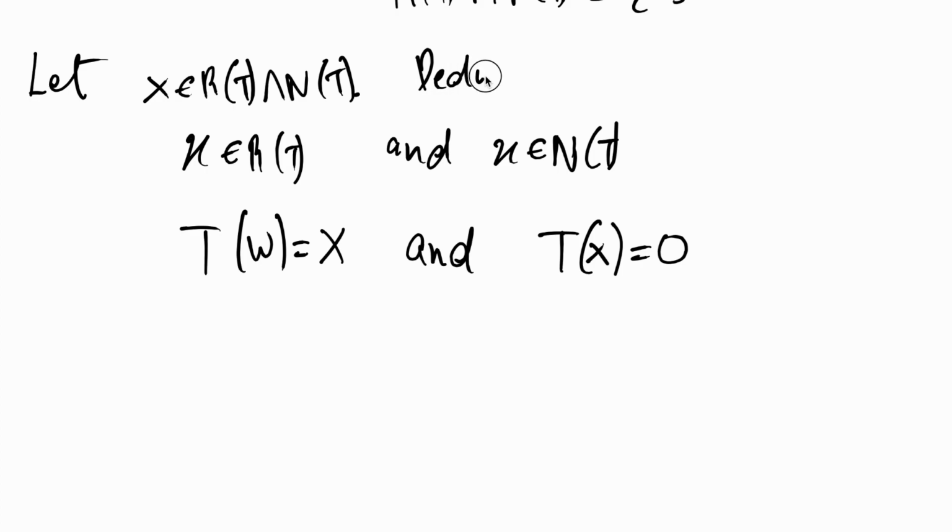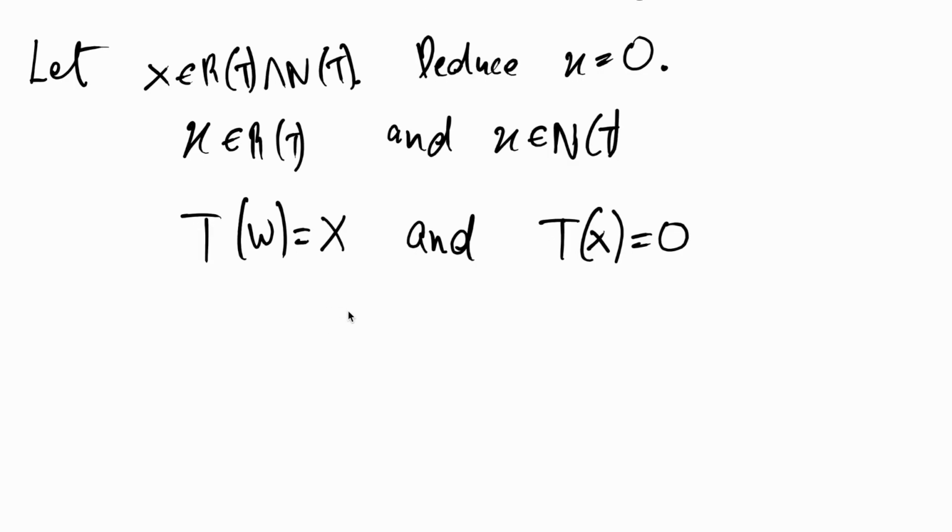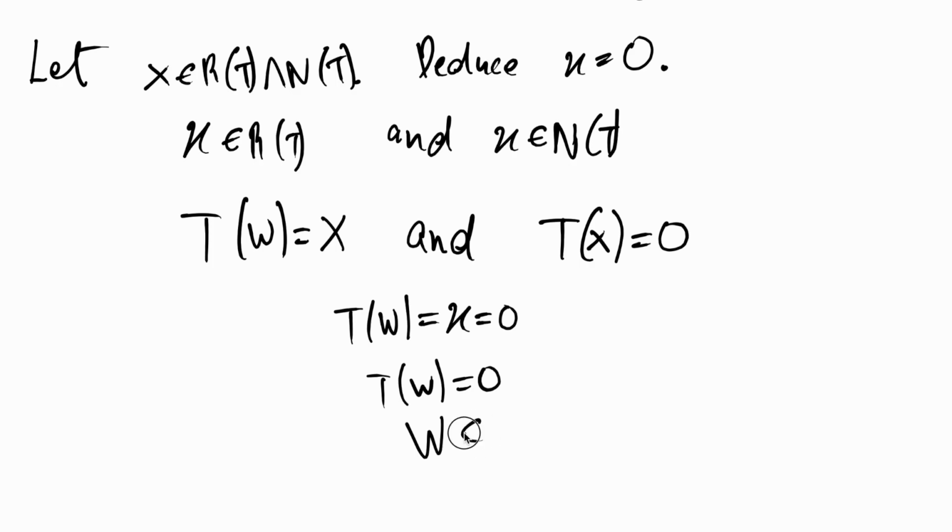And what we want to deduce is that X is equal to 0. How do we do that? Well, we know that TW is equal to X, and us wanting X equal to 0 is the same as saying we want TW equal to 0. In other words, we want W to be in the null space of T, right?